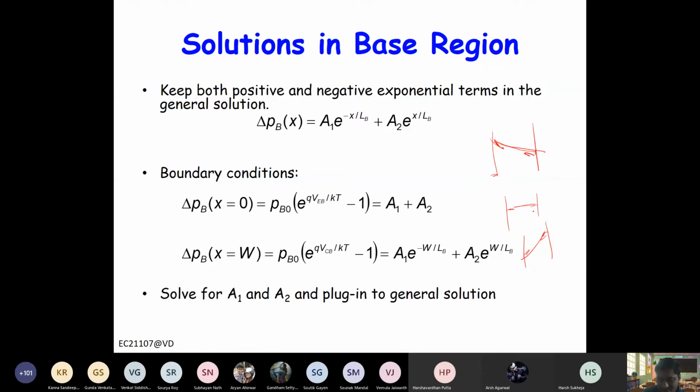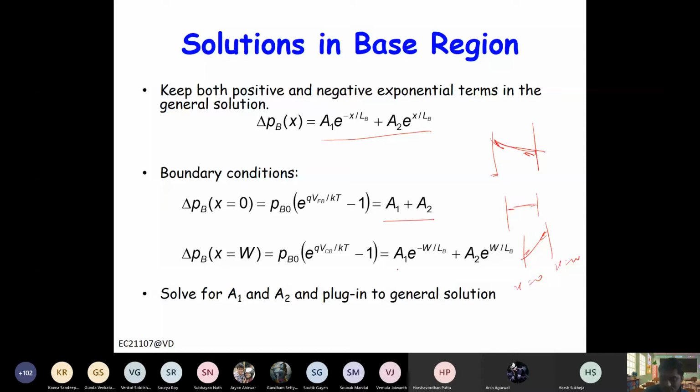For that we have to use the general expression, exponential x by L plus exponential minus x by L. When we use the boundary conditions at x equal to 0 and at x equal to W, at x equal to 0 the excess hole concentration will be A1 plus A2.